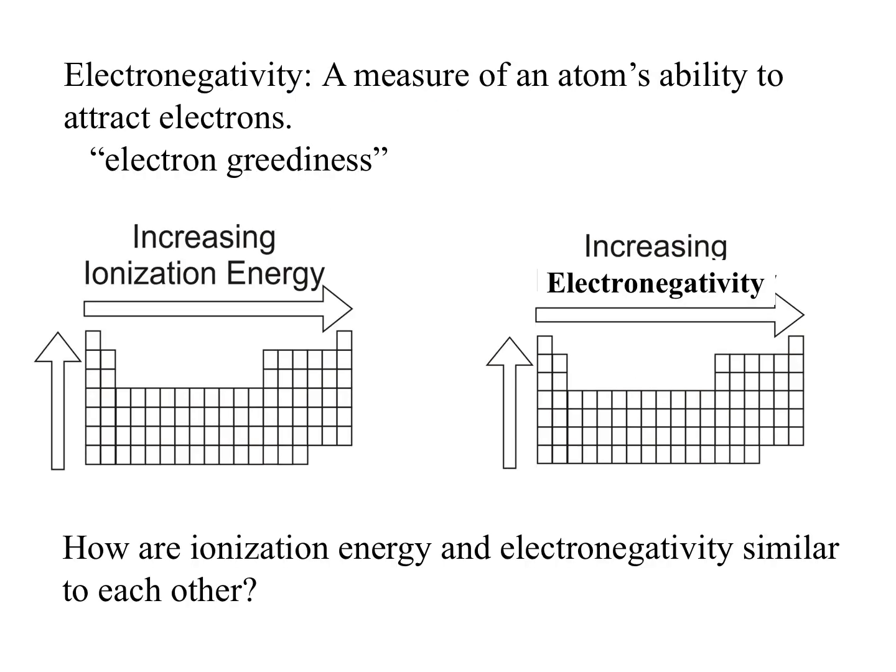Okay, so now let's compare how electronegativity and ionization energy are similar, and how they have the same trend. Let's pick on fluorine to help us understand this. So fluorine is over here. Fluorine has a really high ionization energy, which means it's really hard to steal one of fluorine's electrons. So let's think about this.